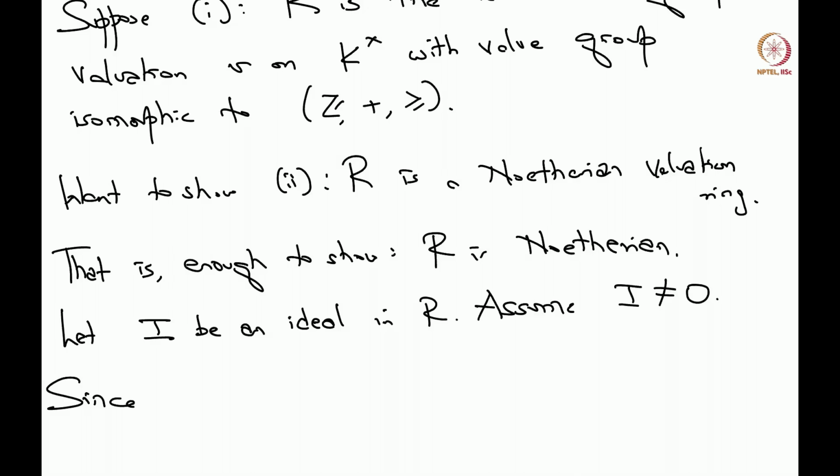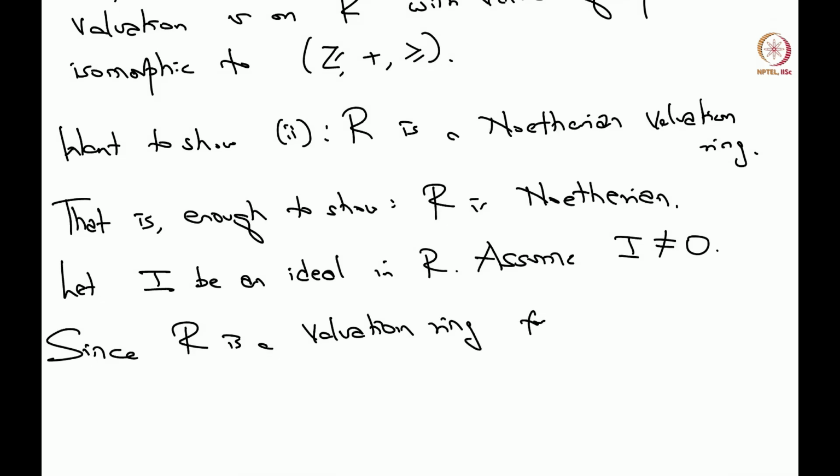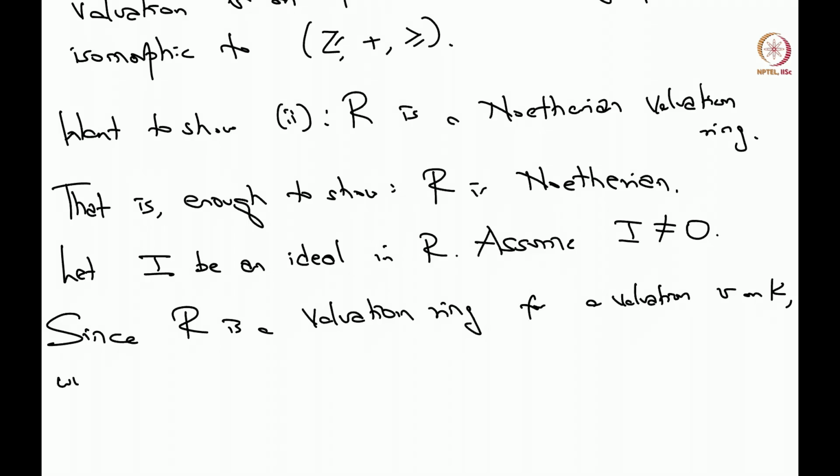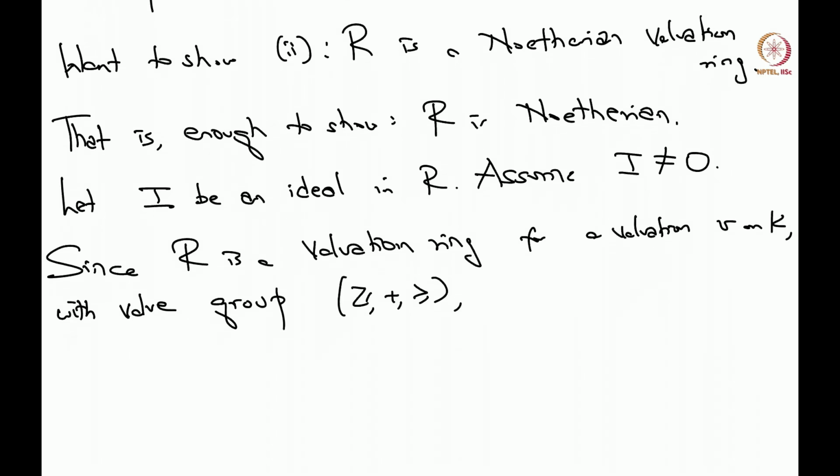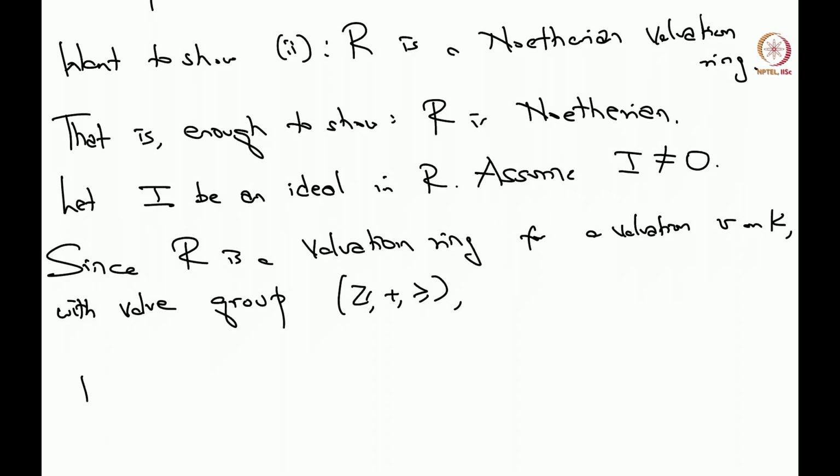Now since R is a valuation ring, let's unwind what it means. For some valuation V on K with value group, I said it's isomorphic to Z, but I'm just going to assume for simplicity that it's just Z. What does it mean for R to be a valuation ring?